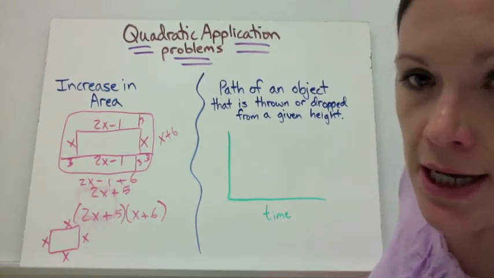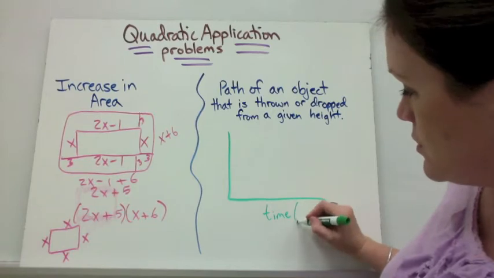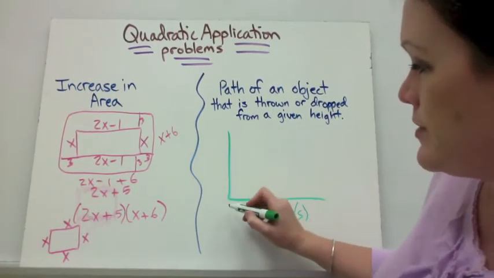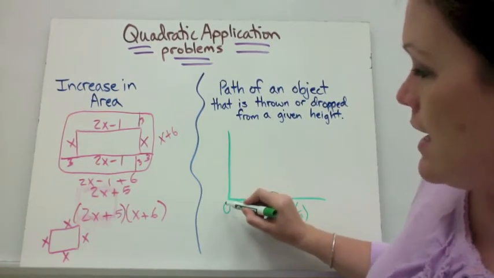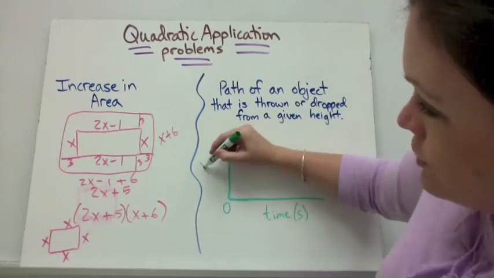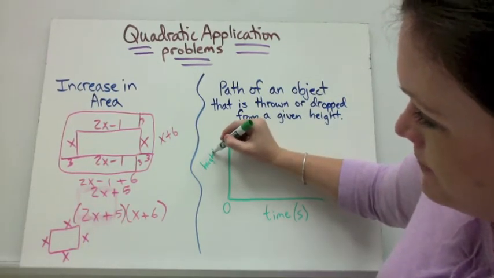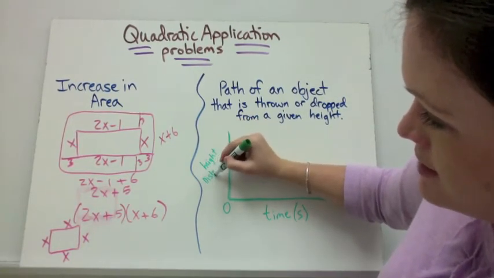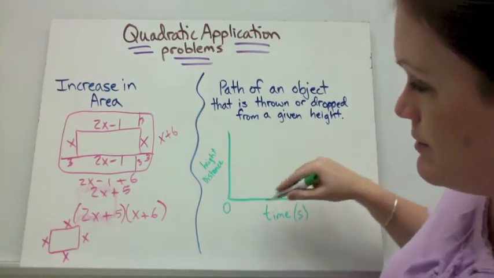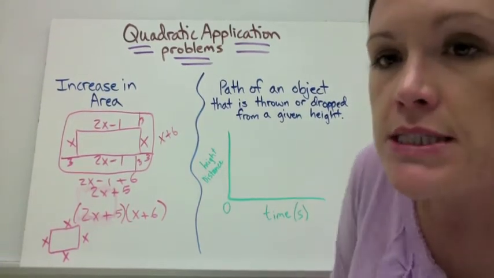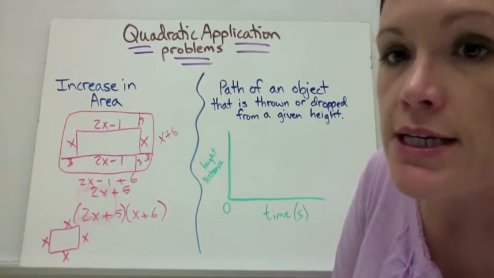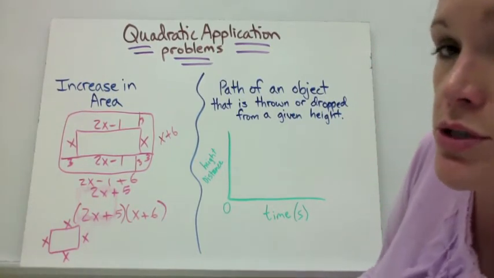We don't go back in time, even though there was Back to the Future. It really doesn't happen. So time is going to be positive, and over here you're going to either have height or you might have distance traveled, but time is always our x value because everything depends on time. Time is our independent variable.